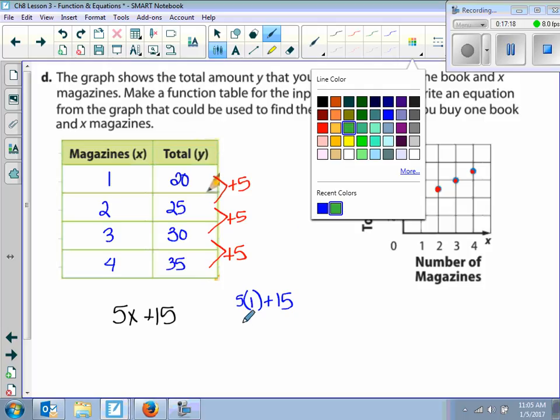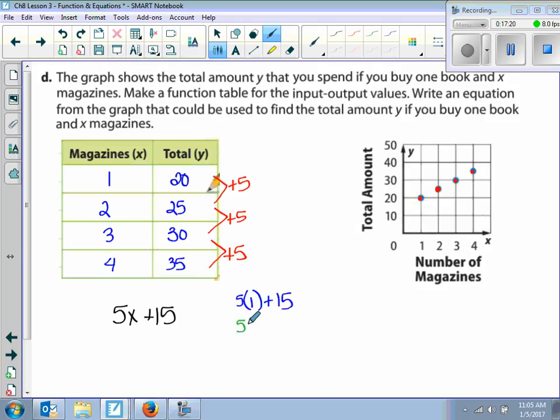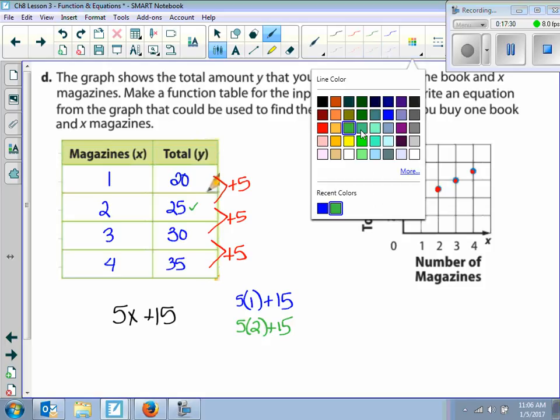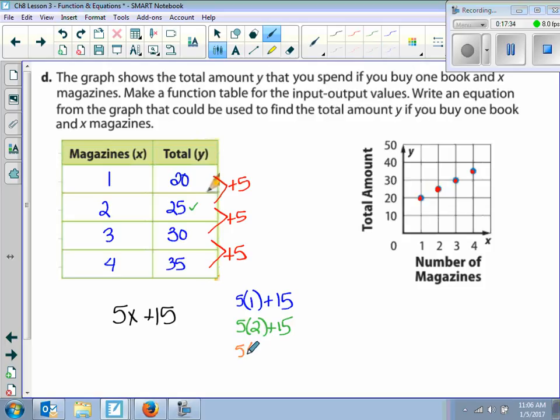So 5 times 2 is what? 10. Plus 15 is? 25. Check. How about 5 times 3? That's 15. Plus 15 gives me 30. Check.